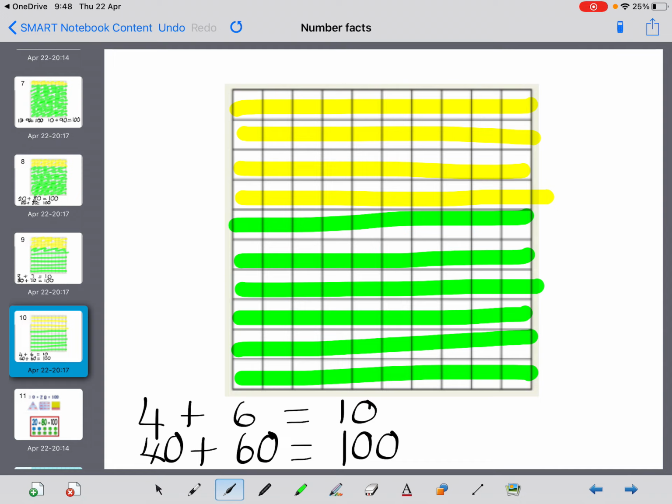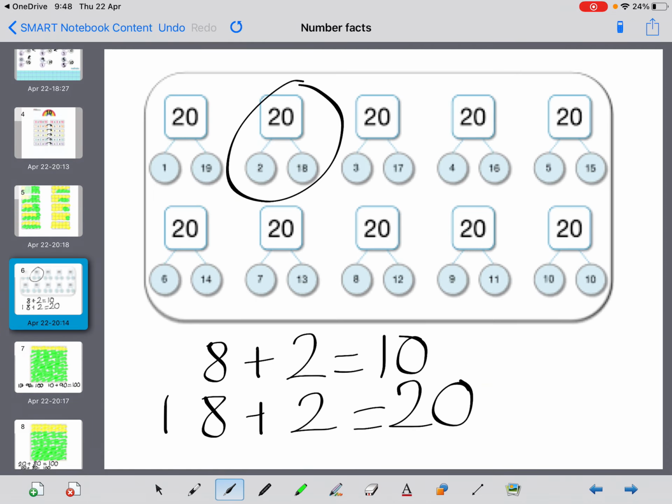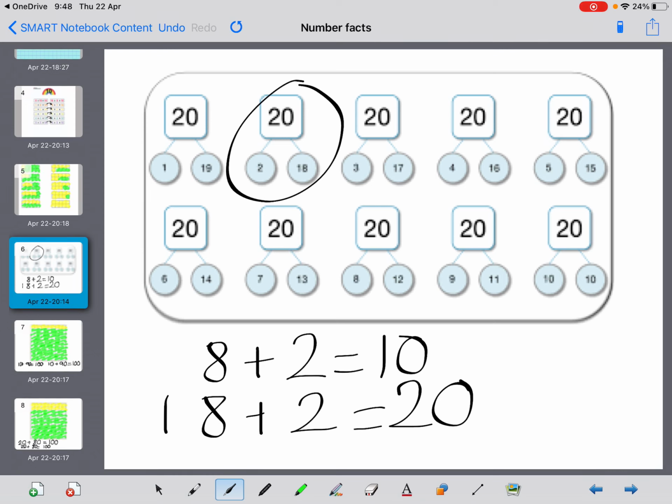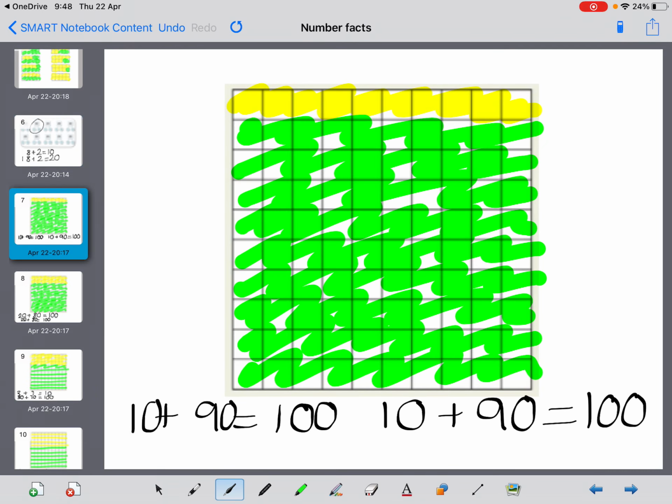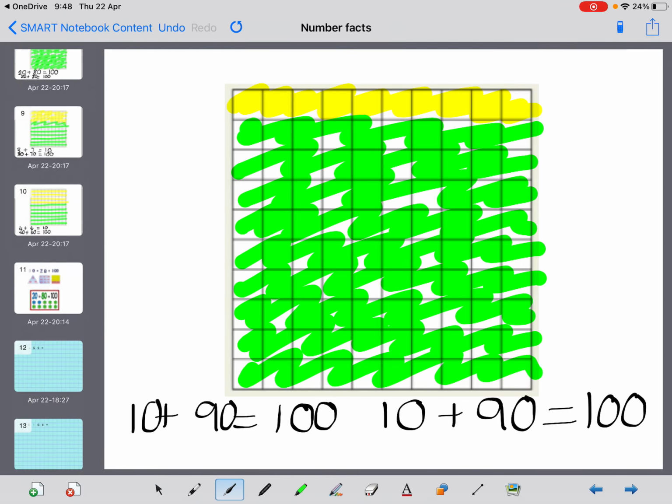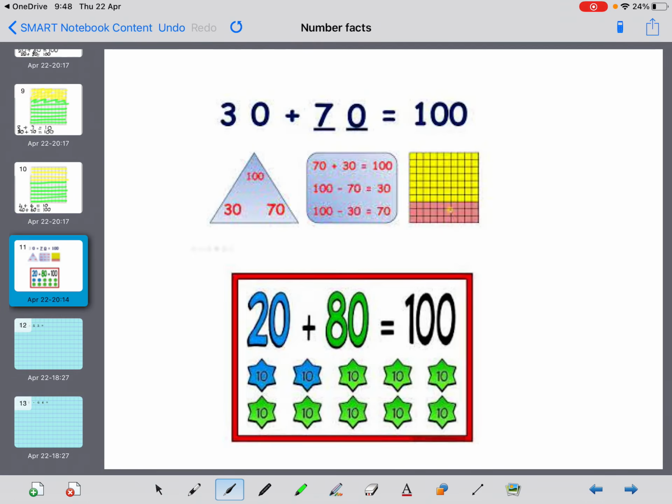So the numbers in my number bonds to 10 multiplied by 10 give me my bonds to make 100. So really, once I know my number bonds to 10 really well, I can start to apply them to help me with my bonds to 20 and with my bonds to 100. And once I know these well, my mental addition is going to be quite quick.